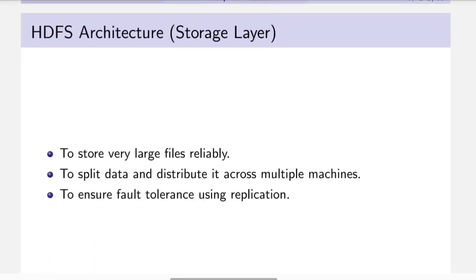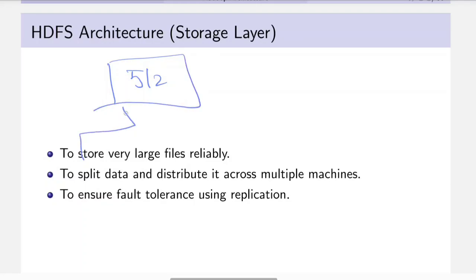Now moving on to the specific layer, the storage layer. HDFS stores very large student data. If student data is very big, Hadoop will split it into blocks. The blocks are stored in many computers. For example, let us say I have 512 MB.